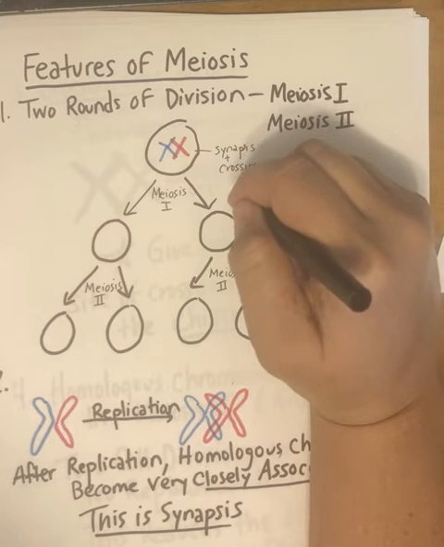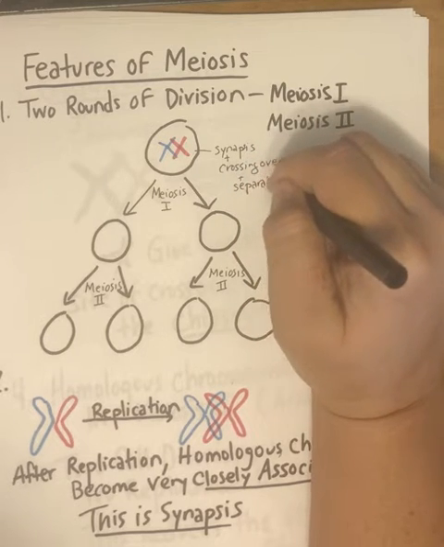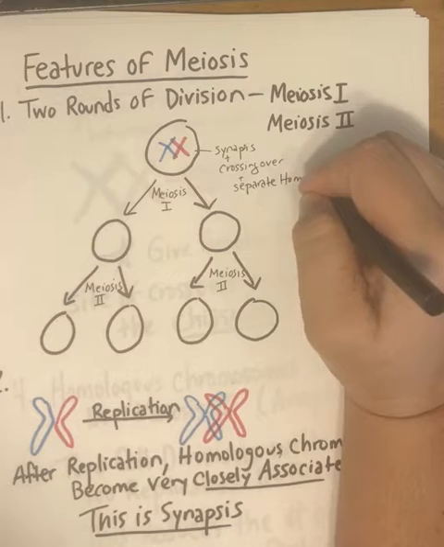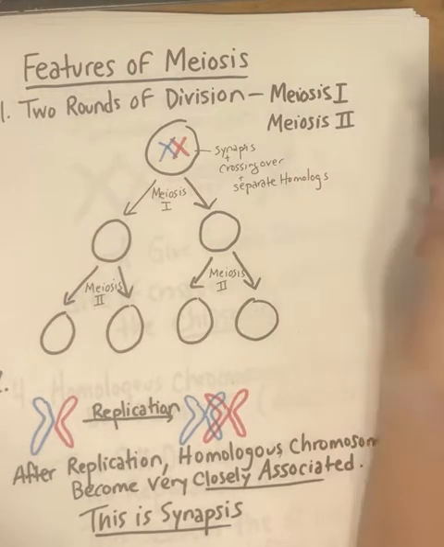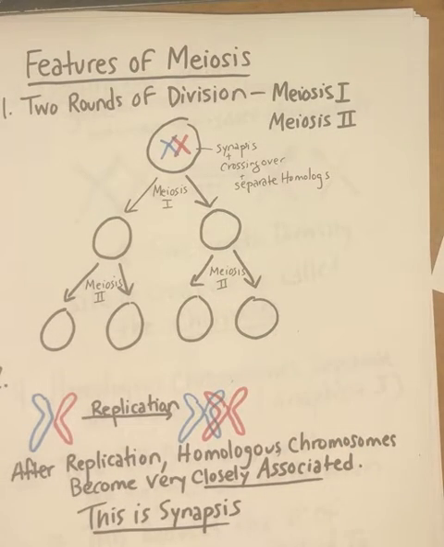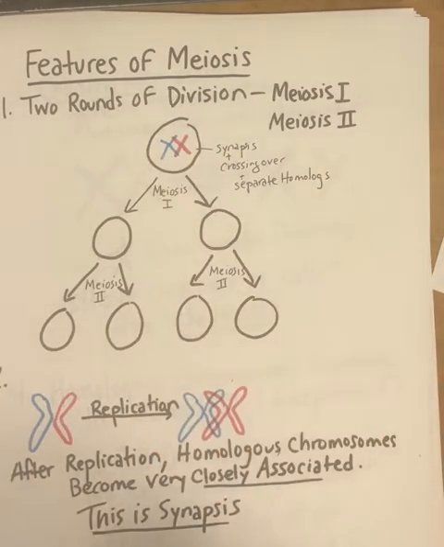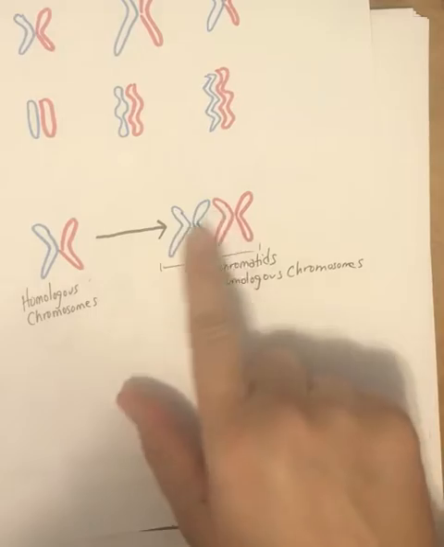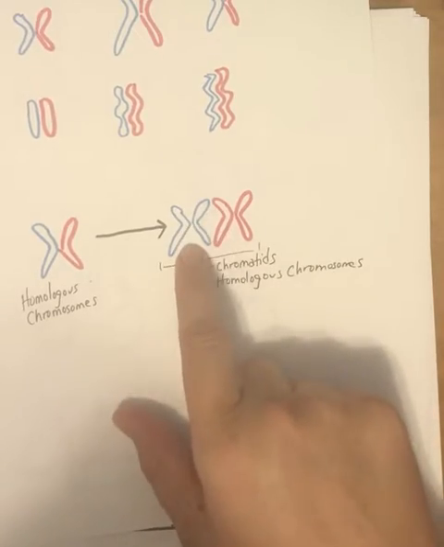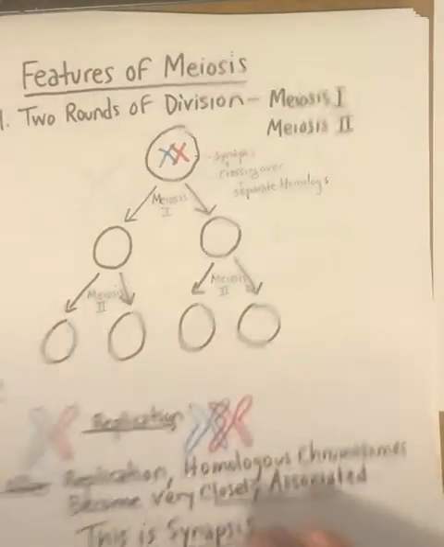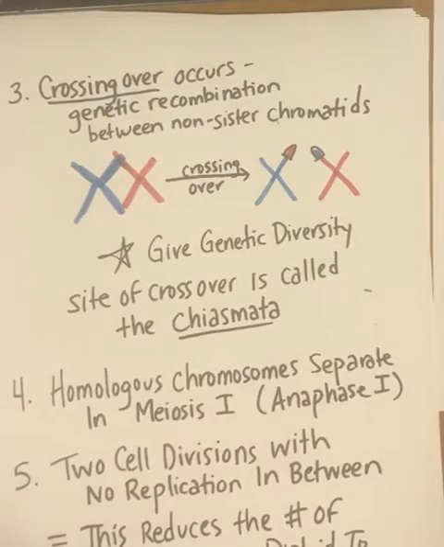Also, you're going to separate homologs. So in meiosis 1, what happens is you separate your mom and dad's homologous chromosomes. You're going to separate these, but you also have crossing over, which is going to look like this.